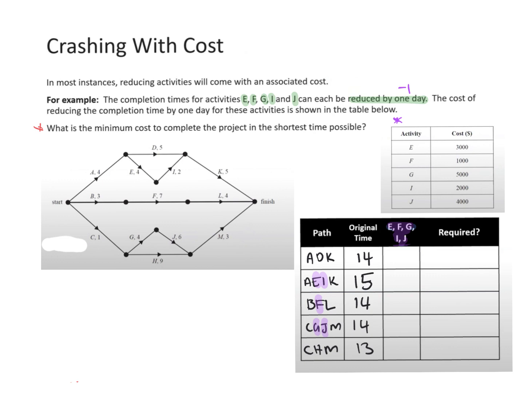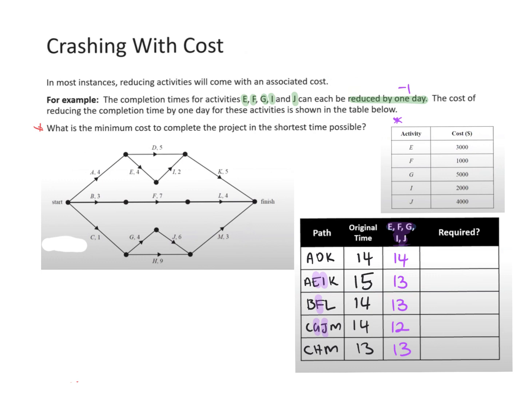Okay, so now that you've highlighted where a crashing activity is, and we know we can take one away if it's highlighted. So the first one didn't change. The second one became 13 because there were 2 highlighted. The third one became 13 because there was 1. This one I need to take 2, and this one I didn't take any. So I should have checked.